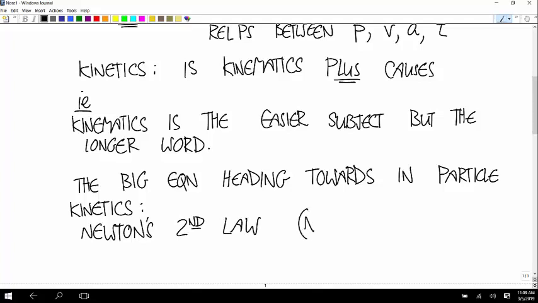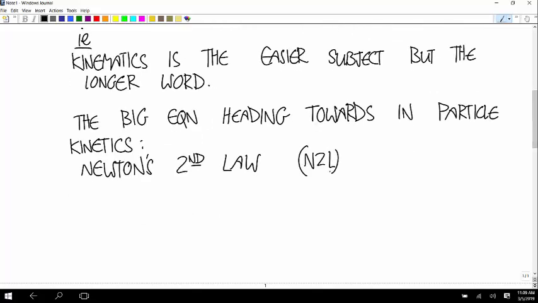We're gonna use that all the time. I'm gonna abbreviate it N2L, Newton's second law. There's also a Newton's first law and a Newton's third law. Those are like warm up and cool down. The heart of it is right in the middle.